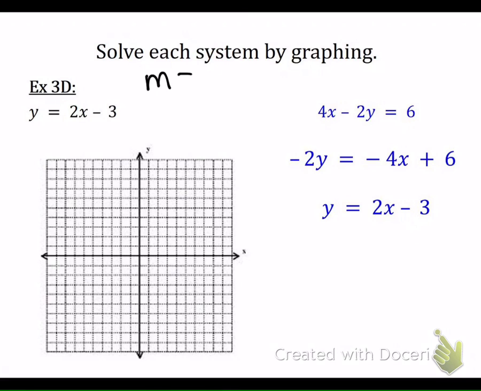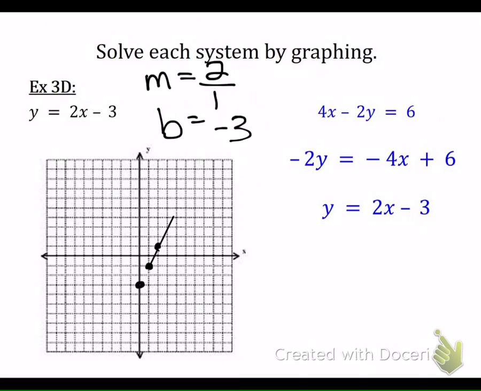So m equals 2 over 1. B equals -3. So go down to the -3 on the y. Rise 2, run 1. Rise 2, run 1. Okay?